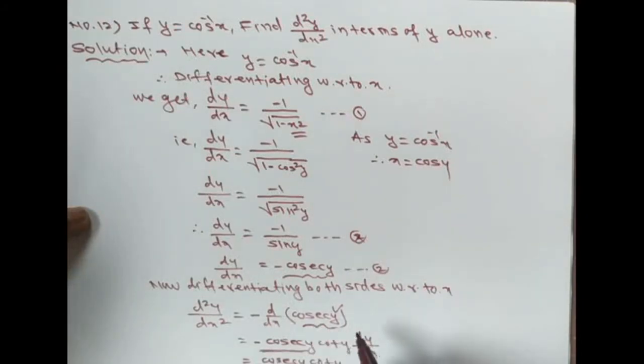So I can replace dy by dx by minus cosec y. This minus and this minus, it will be plus, minus into minus. So this is plus cosec y, and it would be cosec square y. Here the minus is from the derivative of cosec y, which is minus cosec y cot y.